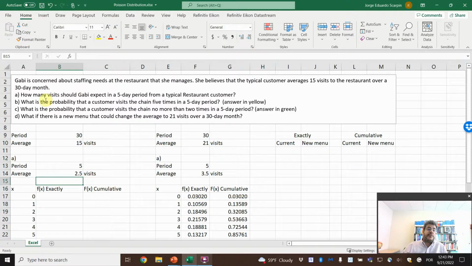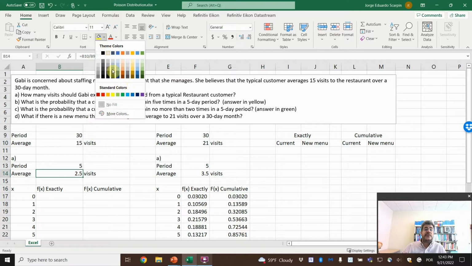So this is our required A. Required B: what is the probability that a customer visits the chain 5 times in a 5-day period? So if it is a 5-day period, we work with this average instead of this one.